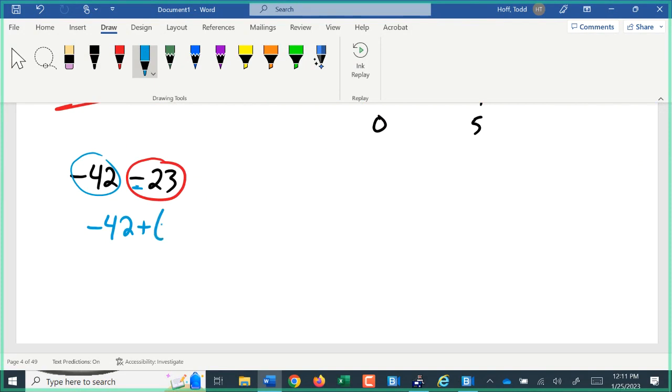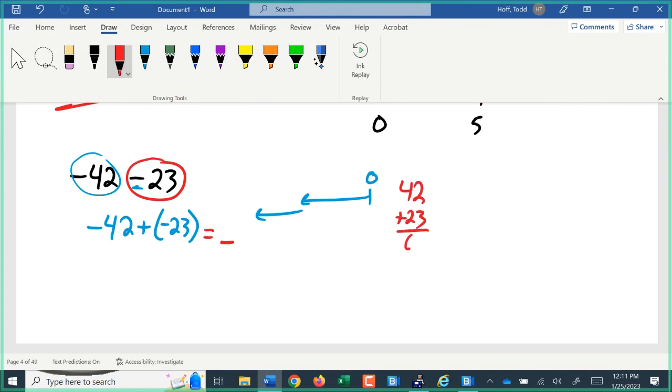The opposite of 23 is a negative 23. So in our vector diagram, you have 0, negative 42, and negative 23. This is definitely in the negative direction, and we are adding the absolute values because the vectors go in the same direction. 42 plus 23 gives us 65. So our answer there is negative 65.